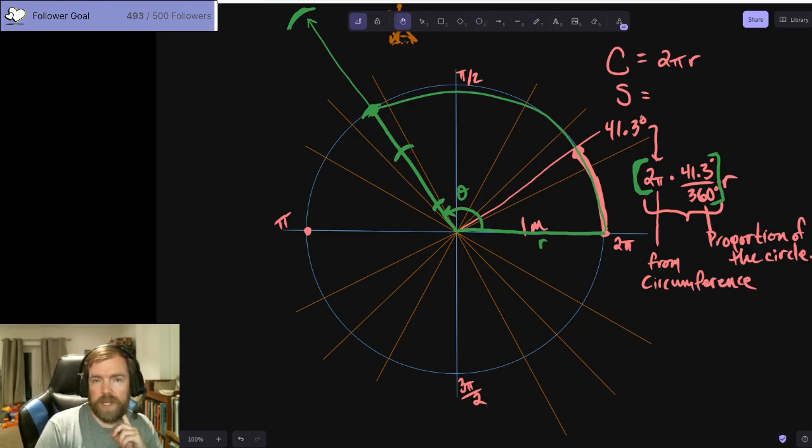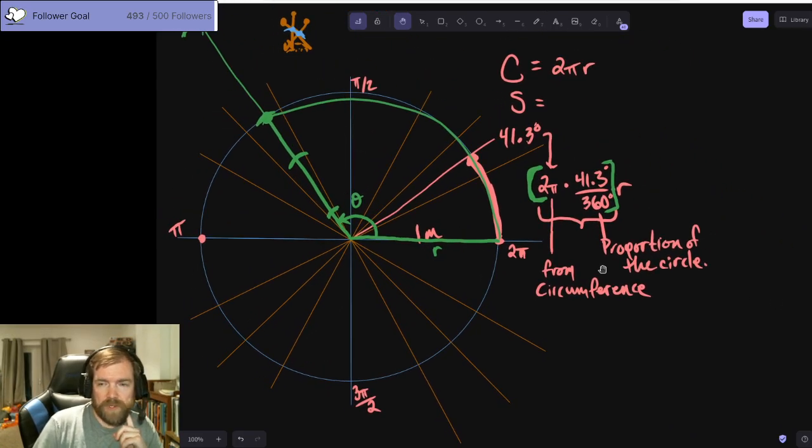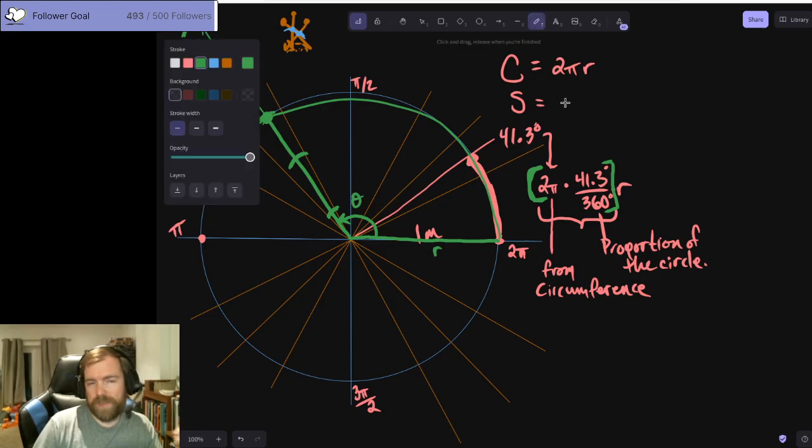If you look at it historically, the Babylonians were the ones who created the 360 degrees number system, because their number system was sexagesimal, i.e. base 60. So they had unique symbols for all the numbers 1 through 60, or rather 1 through 59.